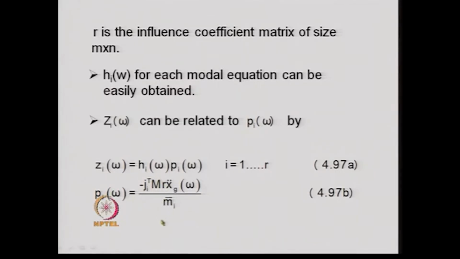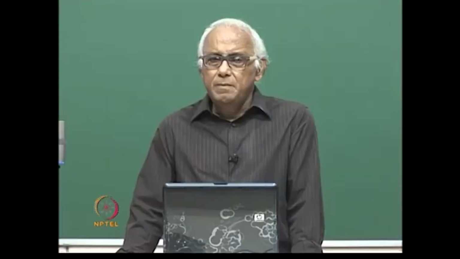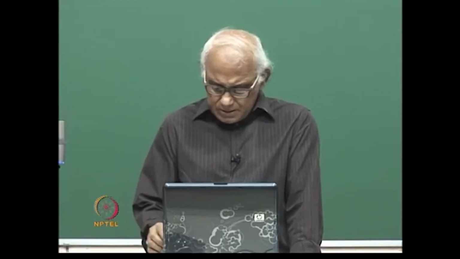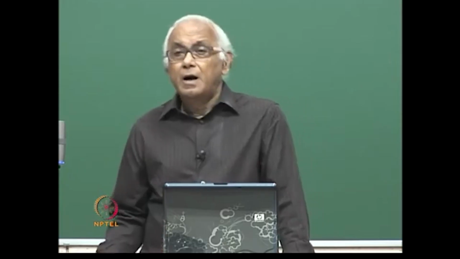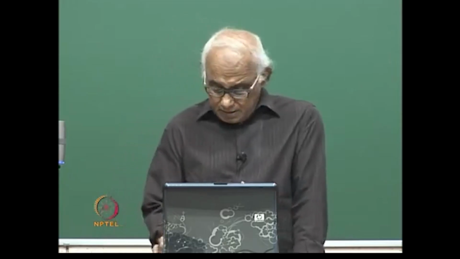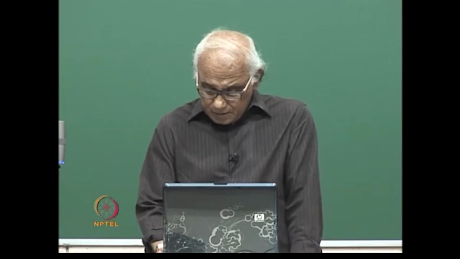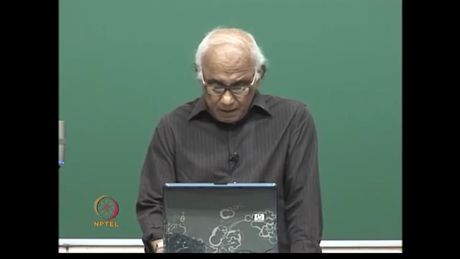That will be the matrix A. So one can easily obtain the value of S_p, and once we obtain it, we can get the power spectral density function for z.